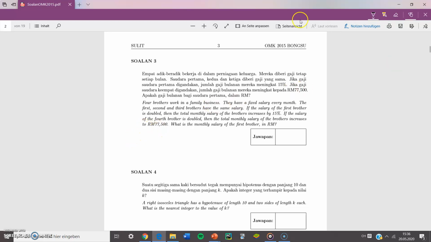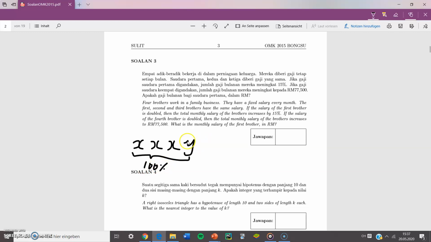You can imagine them as follows. For the first, second, and third brother, you can imagine their salary to be X, so 3X. Then for the fourth brother, it will be Y, and we can consider the whole thing as 100%, right?